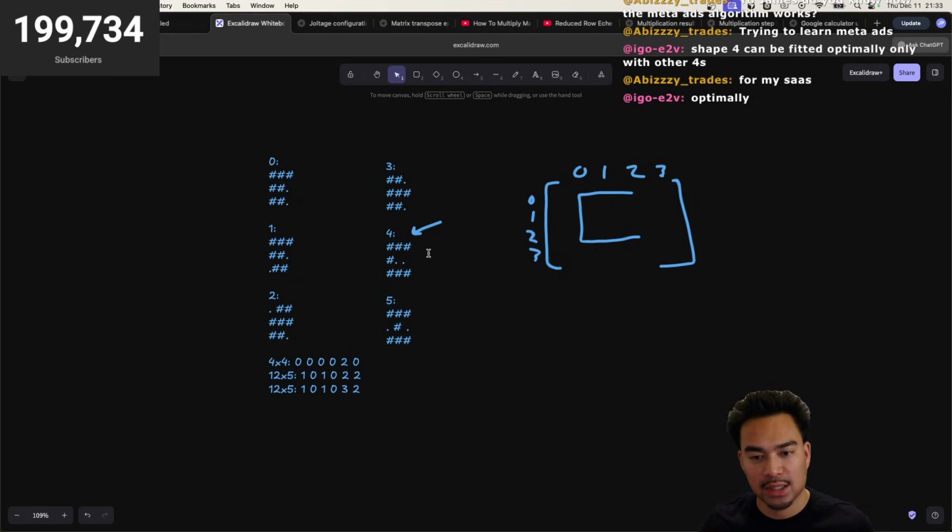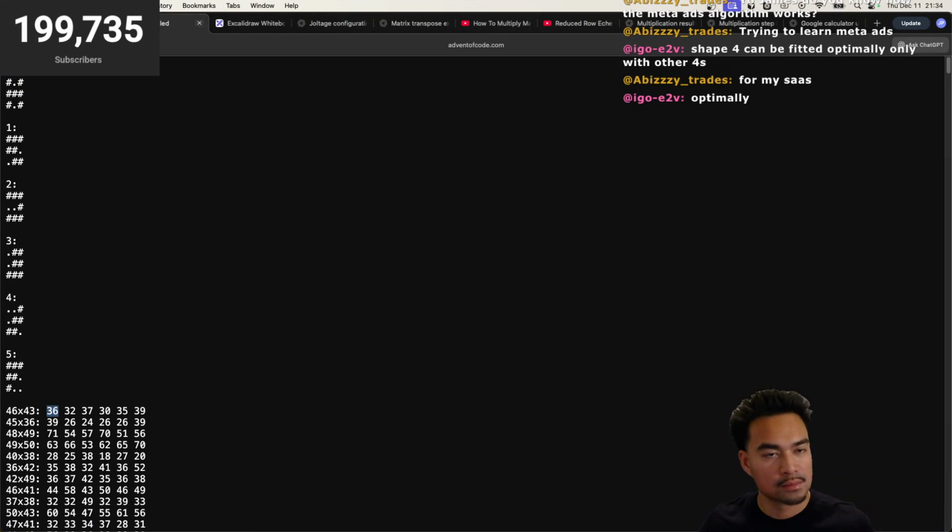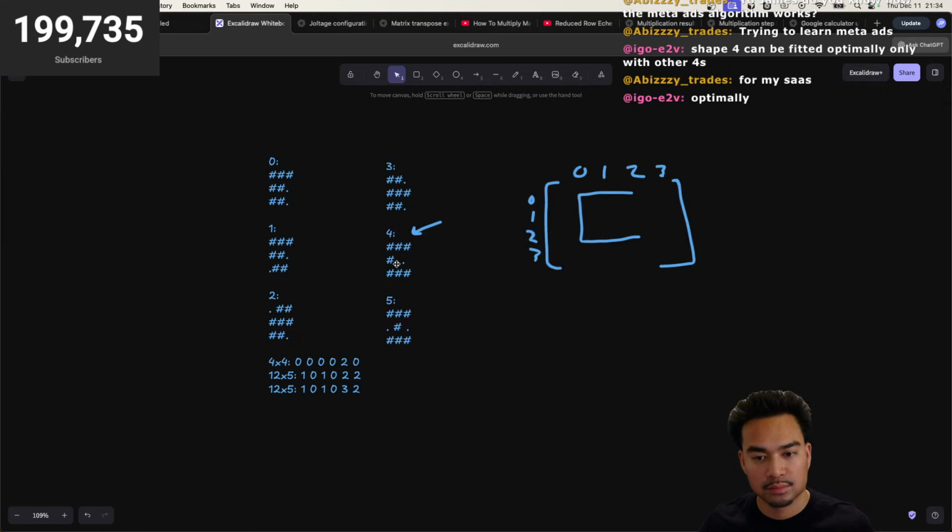Because if you put anything else there, like what happens when you fit 4 and 4? It takes up 2 space.